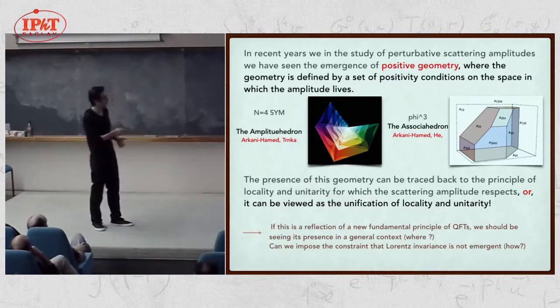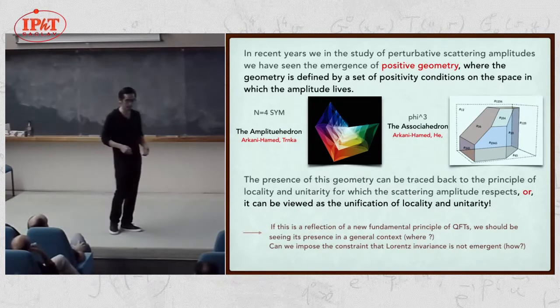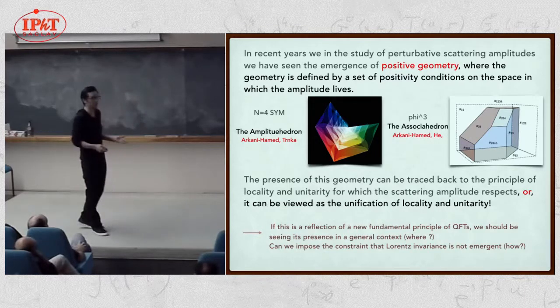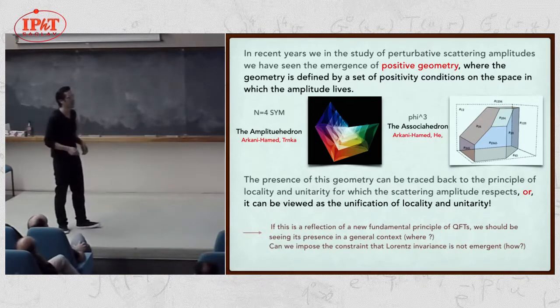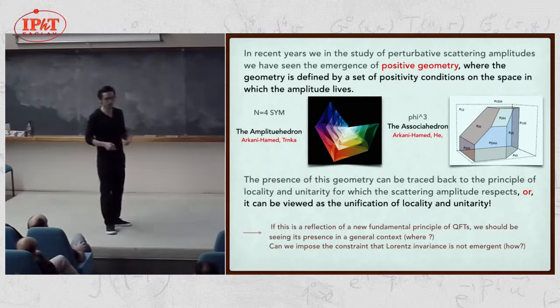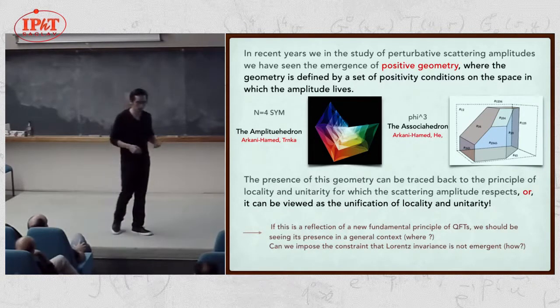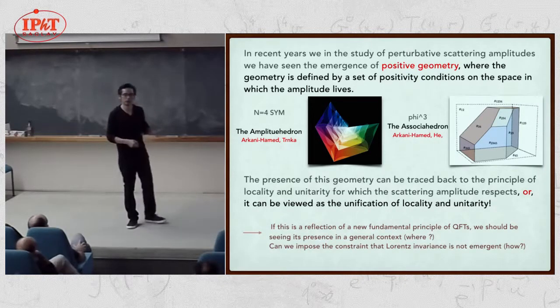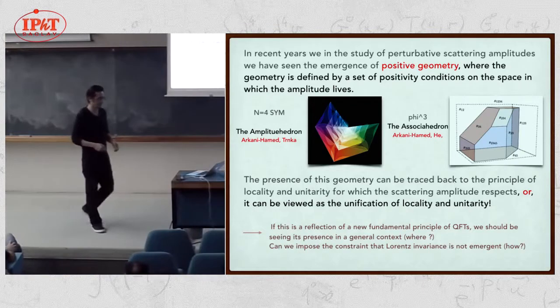For example, for the phi cube theory, you're talking about the space of Mandelstam variables, and Mandelstam variables are already Lorentz invariant. So you might want to ask, can you give a construction in which the Lorentz invariance, or at least the requirement that the UV theory is Lorentz invariant, is not manifest, and is actually emergent?